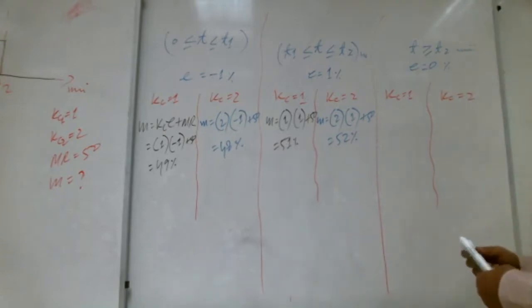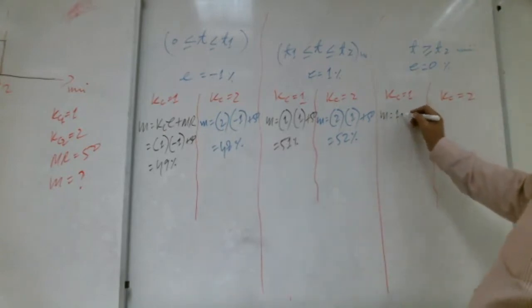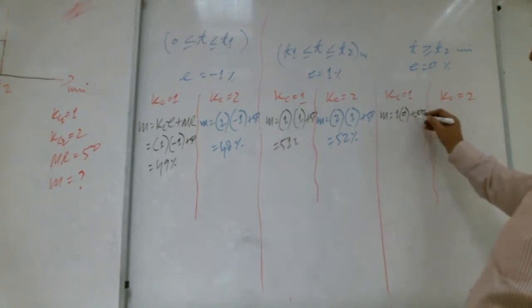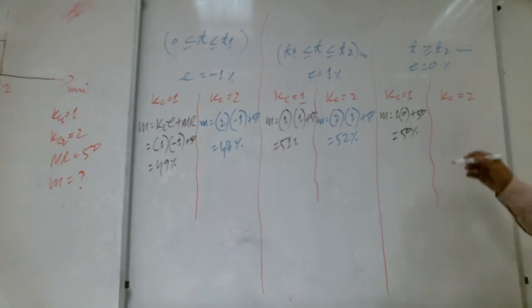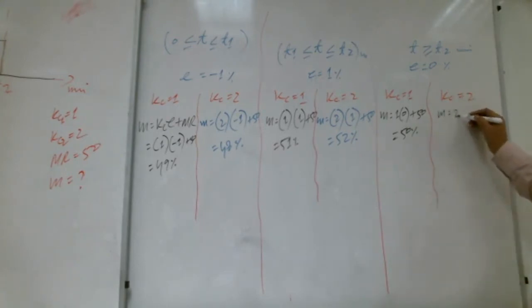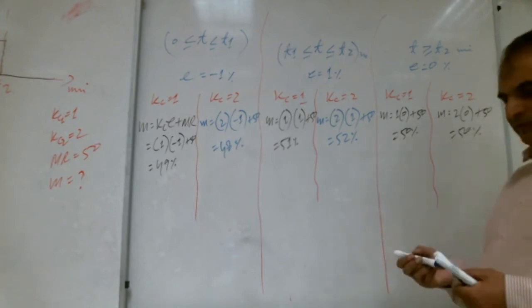Yes. How much here? 50%. And here? 50%. Yes. So how many outputs do we have? 1, 2, 3, 4, 5, 6.